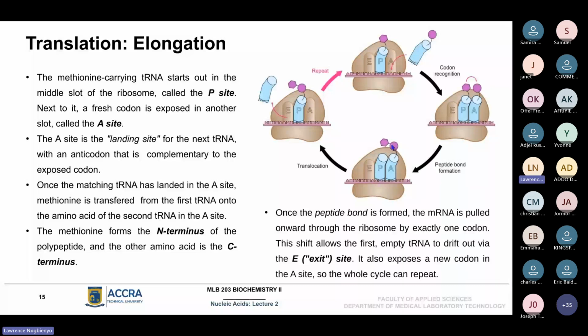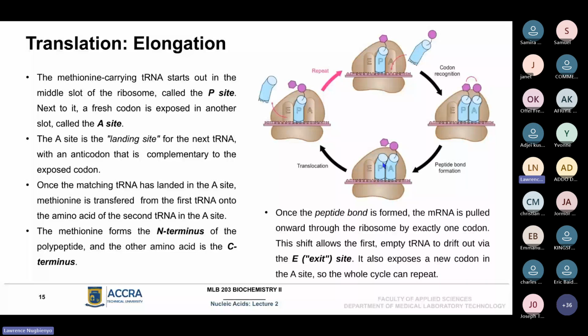Then there is what you refer to as translocation. So there is the movement of the complex to the right. There is that shift, so that this transfer RNA, which just gave out the amino acid to bind onto the first, is now empty.